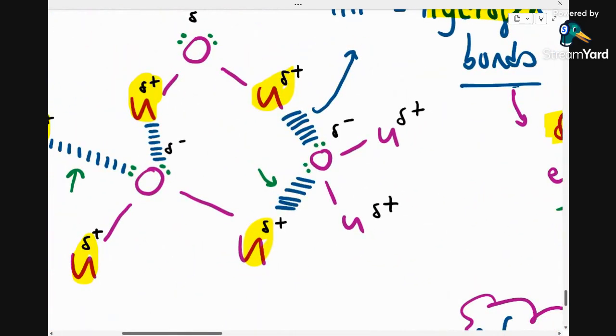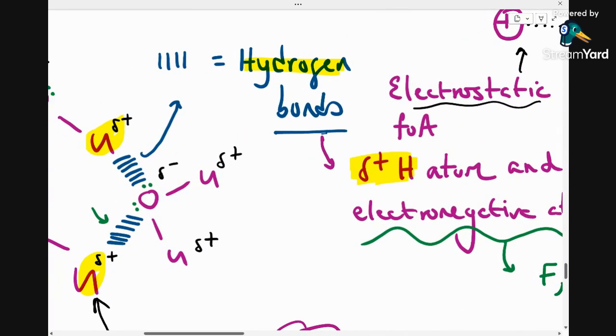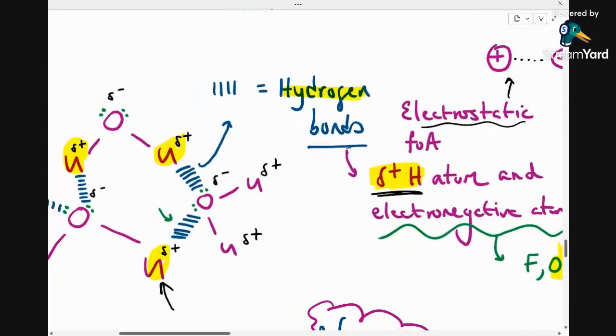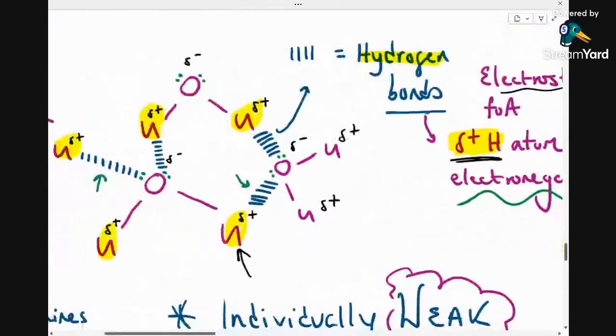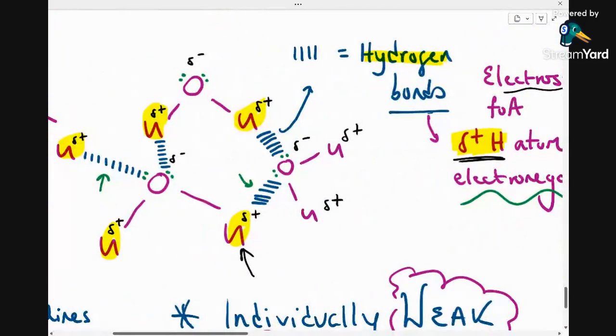But the electrostatic force of attraction is actually a product of the delta negative oxygen, the electronegative oxygen pulling electrons from the delta positive hydrogen atoms, which is absolutely critical over here in our definition. So long as you're near an electronegative atom, then you will form hydrogen bonds.